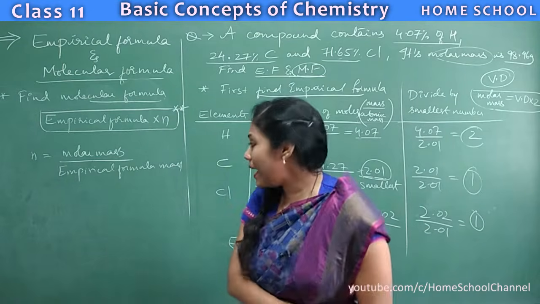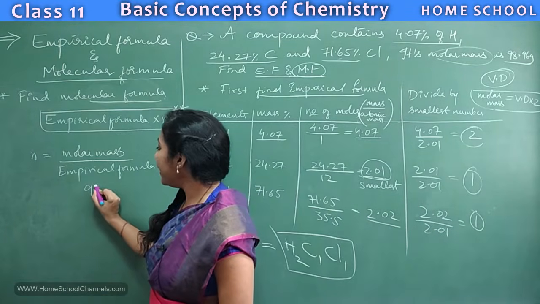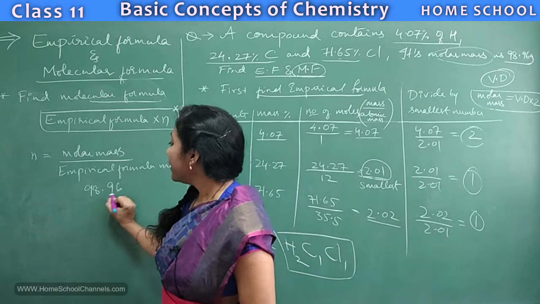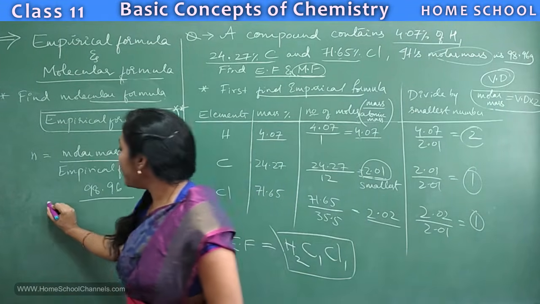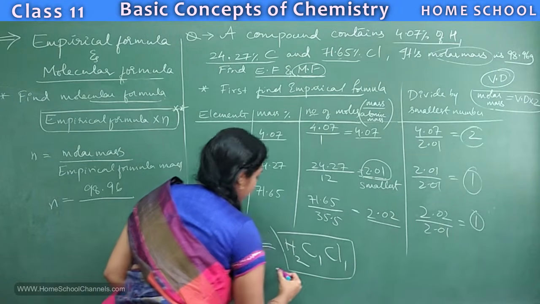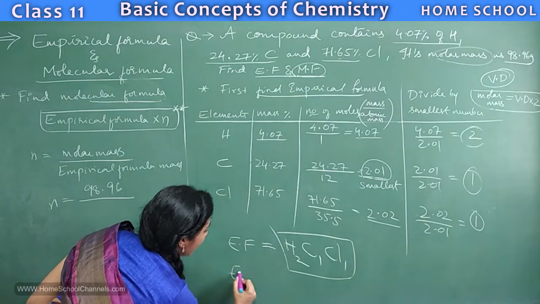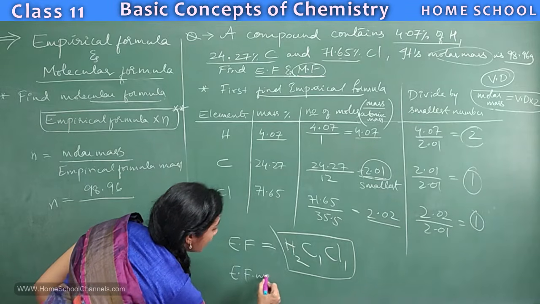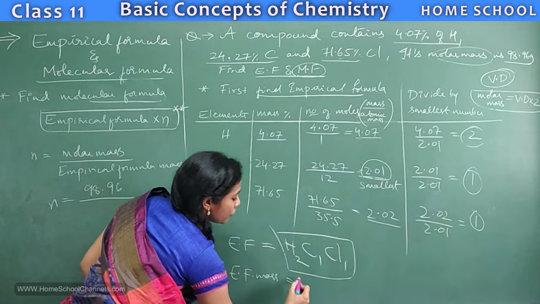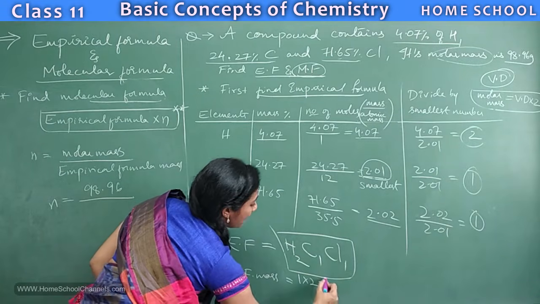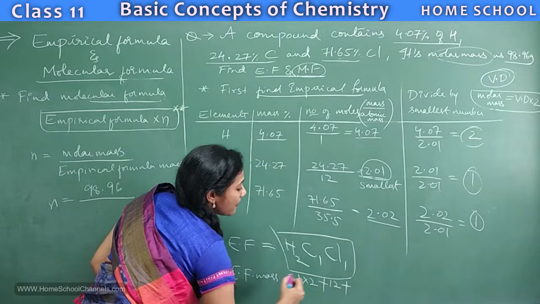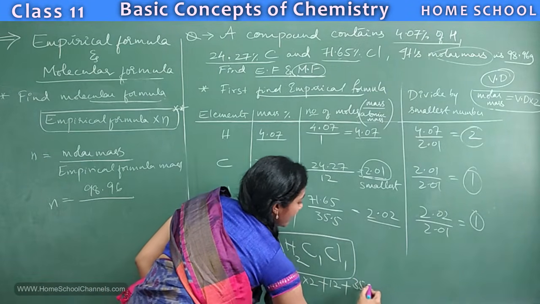What is the molar mass? It is 98.96, divided by empirical formula mass. So this you have to calculate. Here I am calculating the empirical formula mass. Atomic mass of hydrogen is 1 into 2, plus atomic mass of carbon is 12, plus atomic mass of chlorine is 35.5.